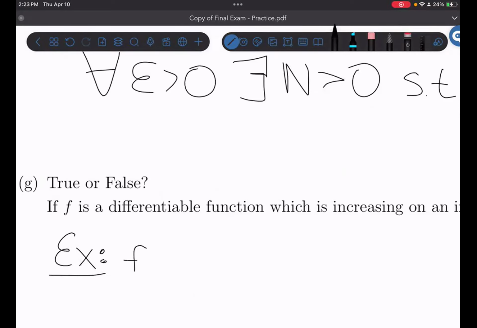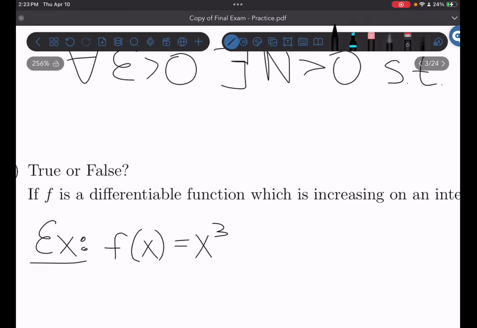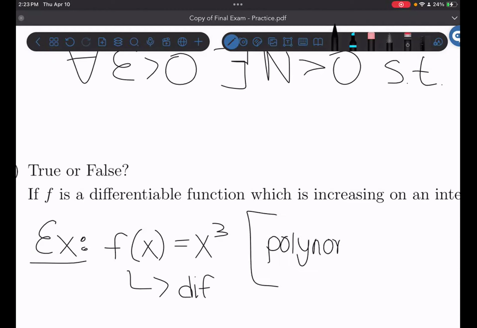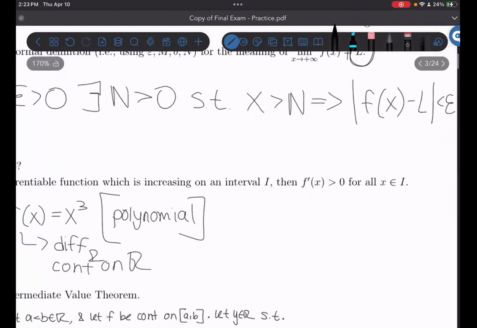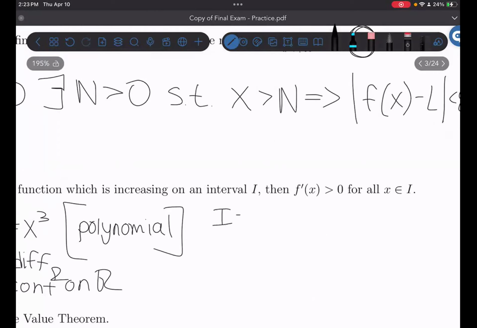If we take f of x to equal x cubed, right? And we know that it is differentiable and continuous on the real numbers, because it's a polynomial, which is good. So it is differentiable and continuous on R. I'm going to consider I to be from 0 to 5. It could be whatever.